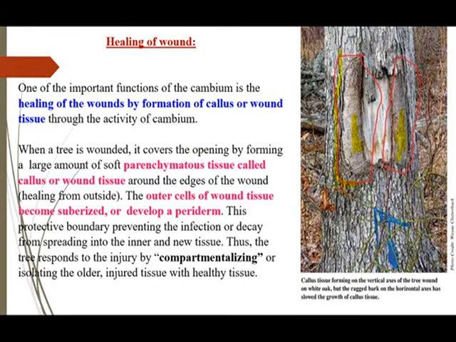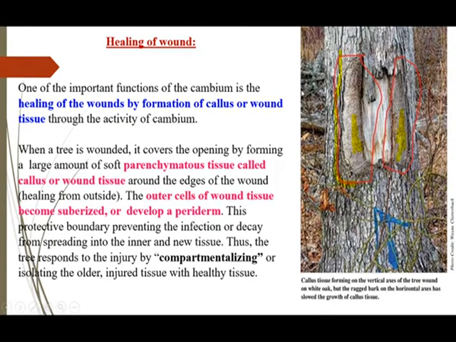Healing of wound. Cambium is responsible for healing of injury or wound in plants through the formation of wound tissue. When injury occurs in the plant, the parenchymatous cells form an undifferentiated mass of cells known as callus or wound tissue.